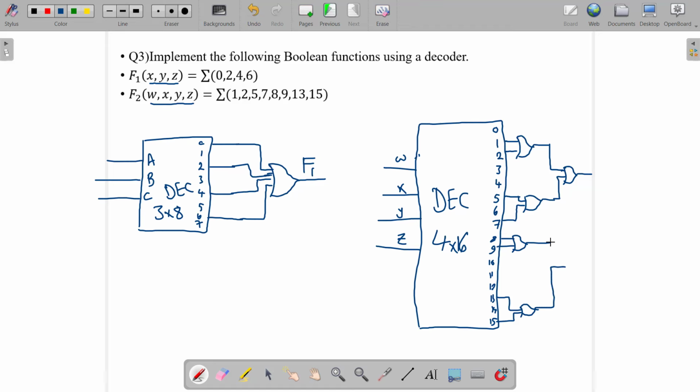Then these two can be ORed together. And these two also can be ORed together to produce the F2. So in this form, you can design this F2.